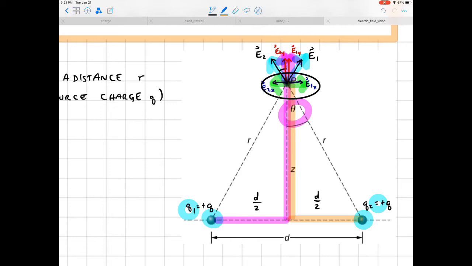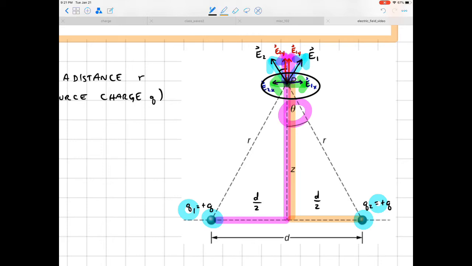What this means is that really all we have to do is find the magnitude of one of these vectors, and then we just have to multiply by 2 because there's going to be two contributions, one from each of these charges.